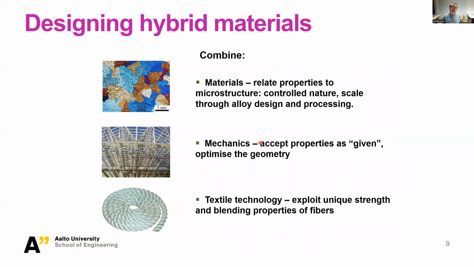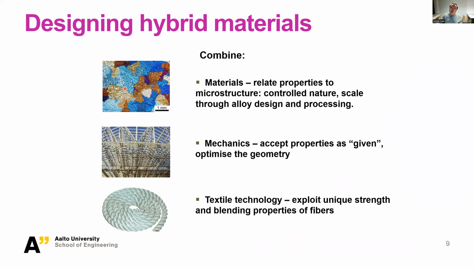And here I'm giving you a little bit more proper strategies for how we design hybrid materials. In principle, there are two strategies overall. The first one is more, let's say, materials science and engineering related. Basically, you are designing your materials at a microstructure level or even finer. So here you're still creating something that, globally, if you look from meter scale or centimeter scale, looks like one material.